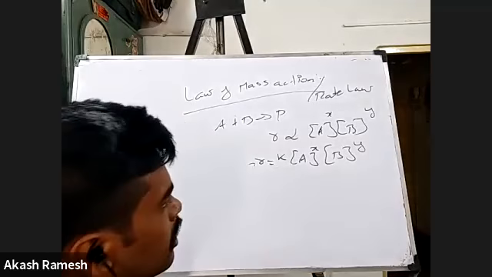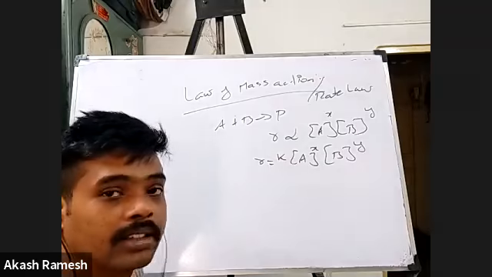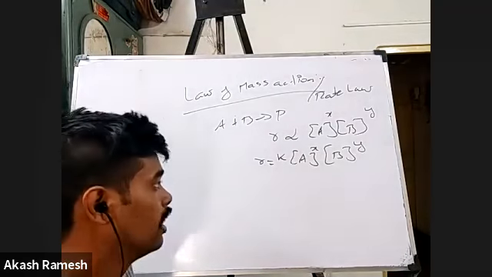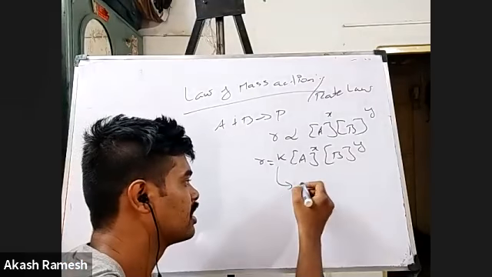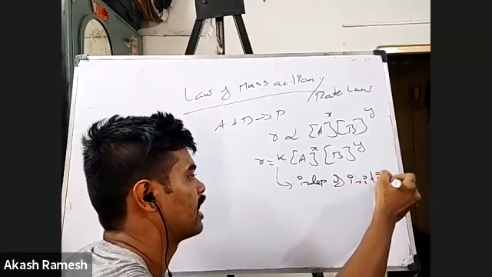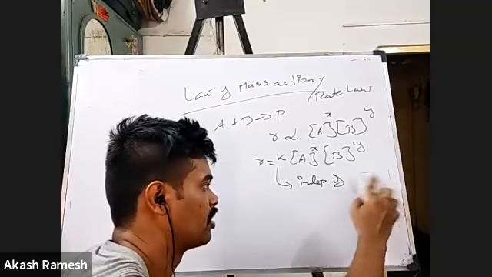So we look at the properties of K, the rate constant. Please understand that the rate constant is independent of the initial concentration of the reactant. I would say it is independent of the concentration itself, not only initial concentration.